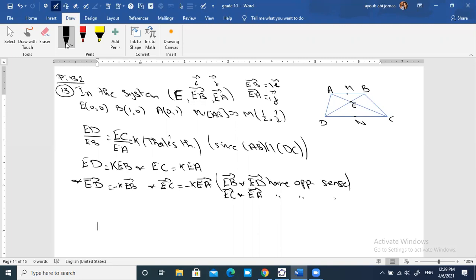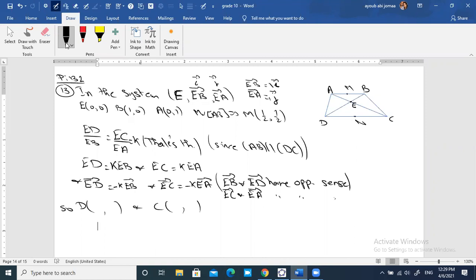So what will be the coordinates of point D and point C? For point D, ED is equal to negative K EB. Is EB I or J?